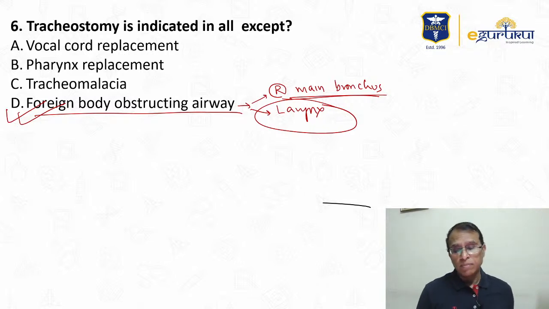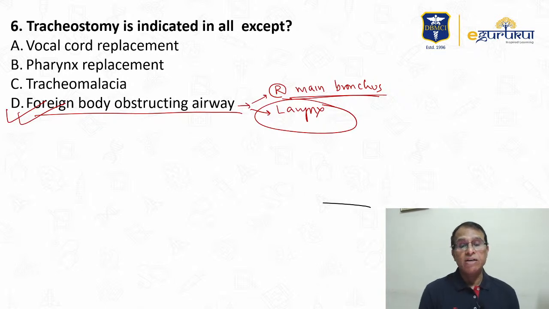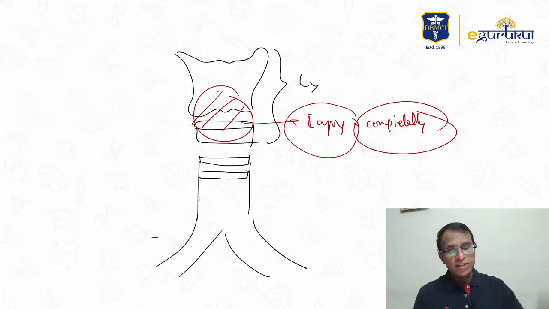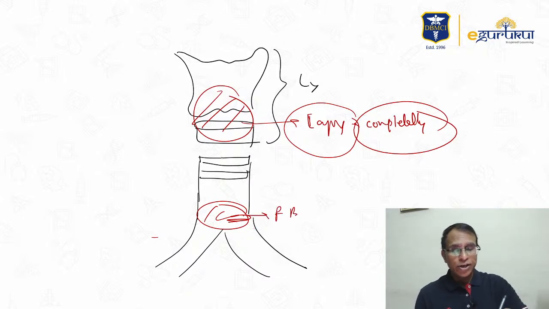Yeah, beyond the trachea, Ganesh, you are right, beyond the trachea, but we have discussed that bronchus. It can go to the bronchus, but if it goes to the right main bronchus, which is the most common site, then you will not do tracheostomy. And even if it is stuck here, foreign body causing complete obstruction, what will tracheostomy do?